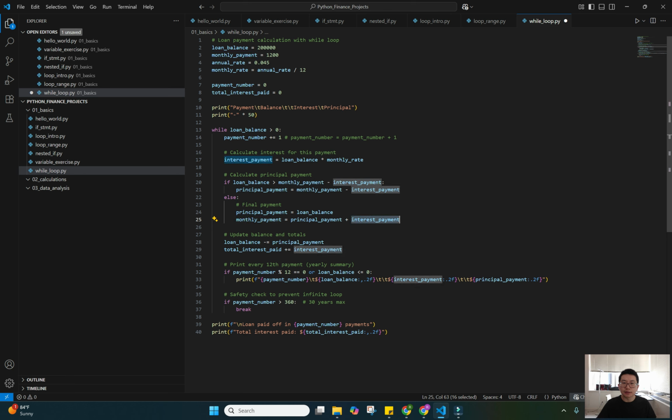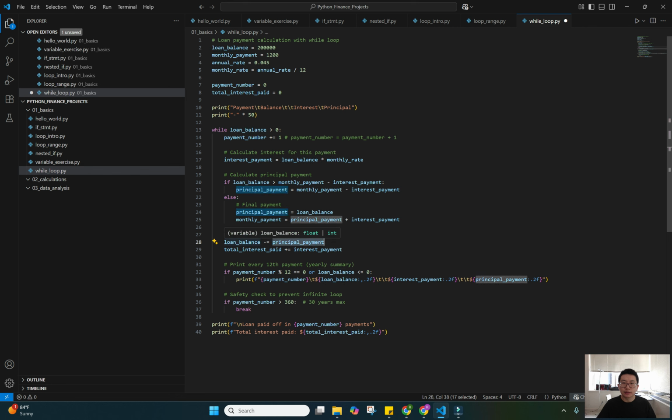And with this, we will need to update the balance and the totals after each round of calculation. So the loan balance here is minus equals principal payment.